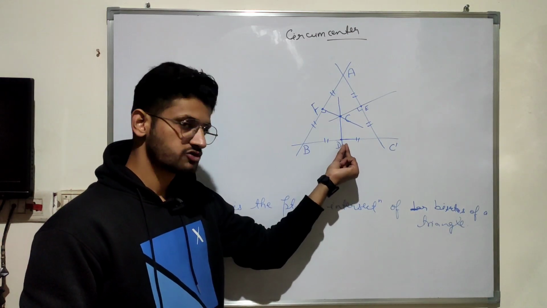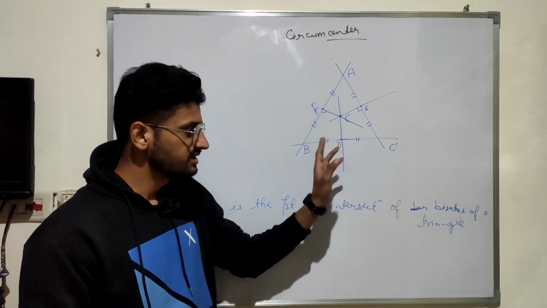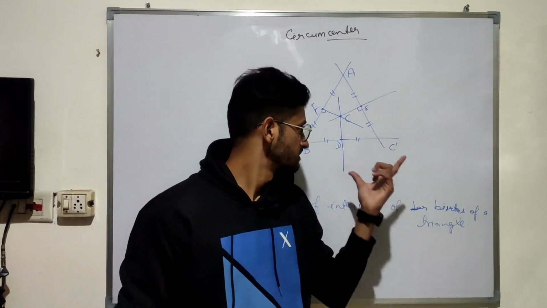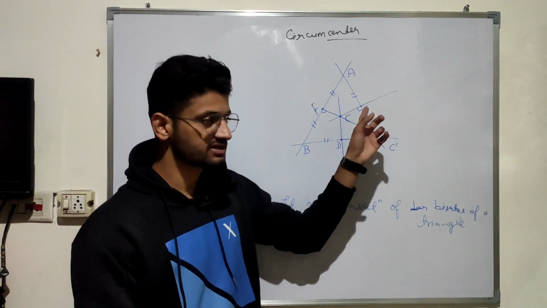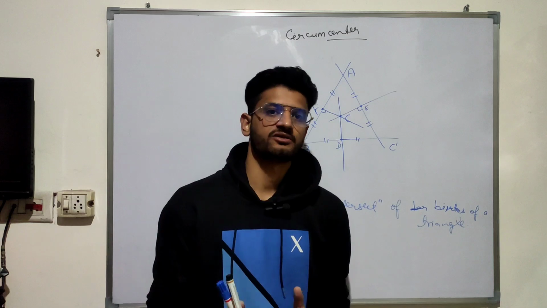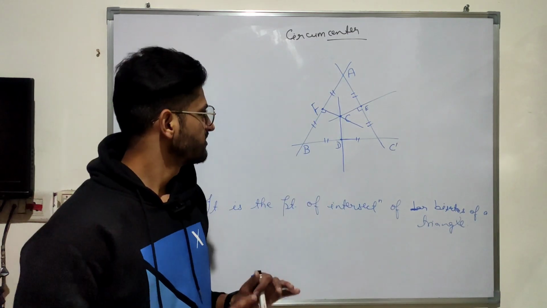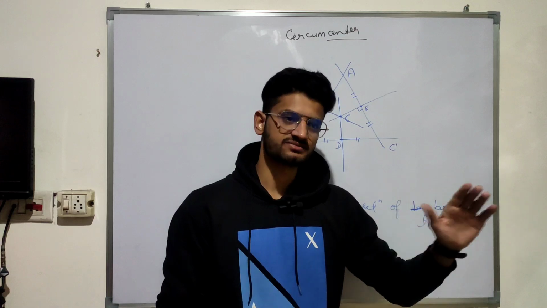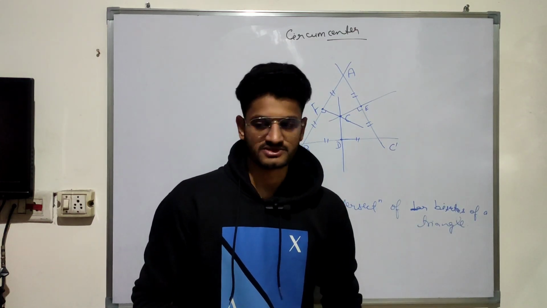Similarly, we can find the midpoint, and afterwards we can write the straight line which passes through point D and is perpendicular to side length BC dash. In the same manner, we can find another perpendicular bisector, and after finding two perpendicular bisectors, we can find the point of intersection of those two to find the circumcenter. This is going to be much easier when we discuss straight line equations. Afterwards, we will take problems based on this circumcenter.